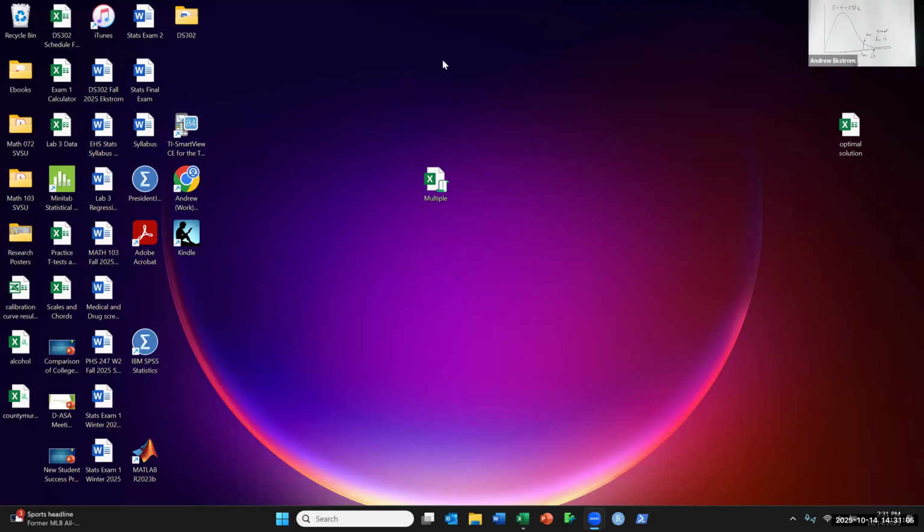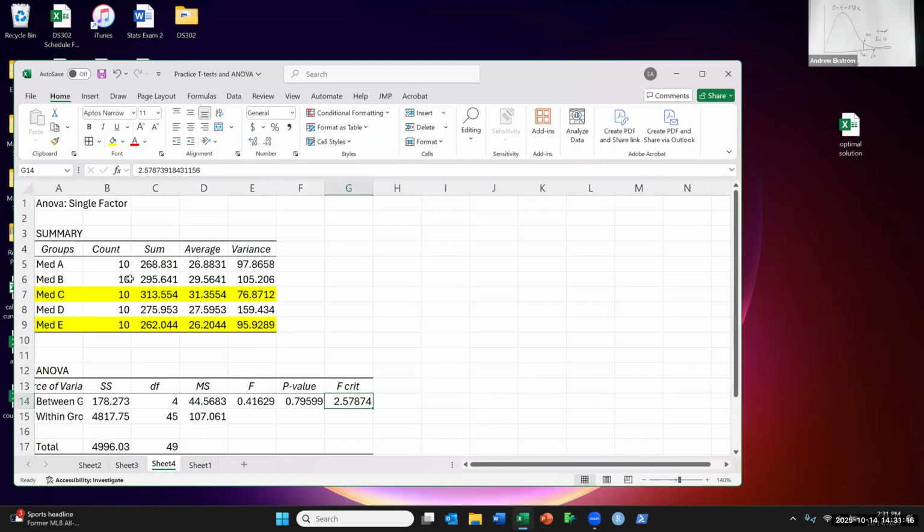So looking at what we have here, we know that we're rejecting H naught. So now we go back to the table that we were looking at. So you'll be given a table that looks kind of like this.